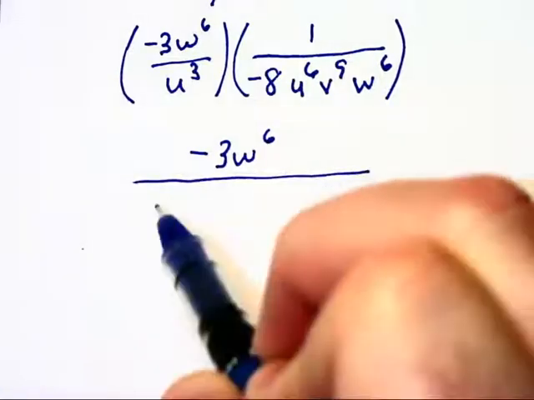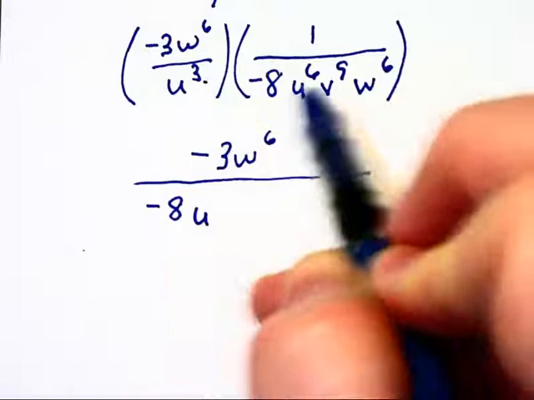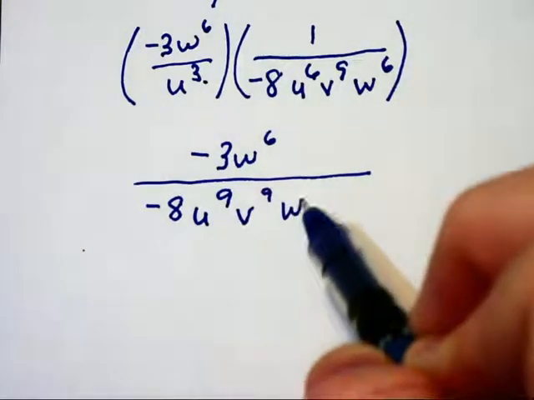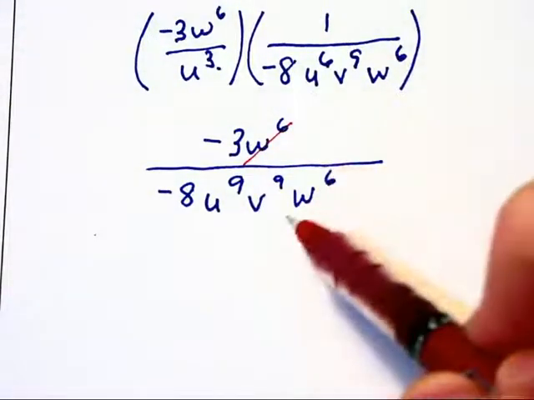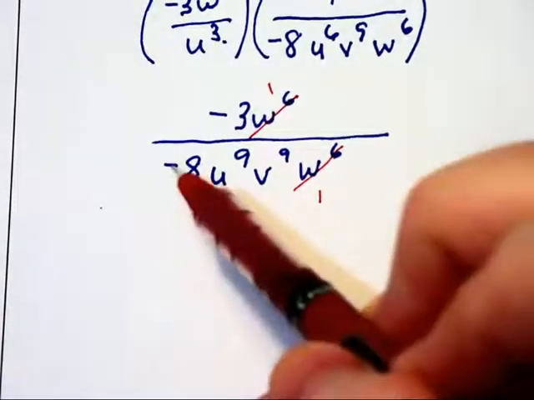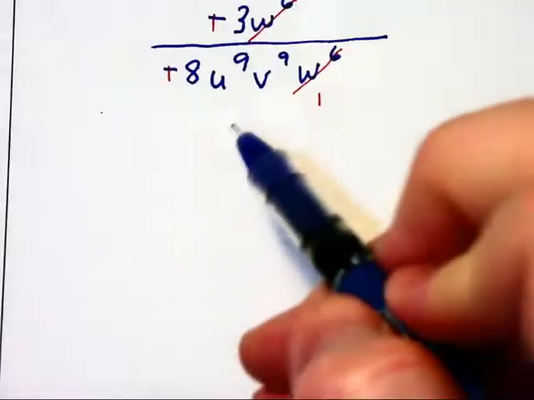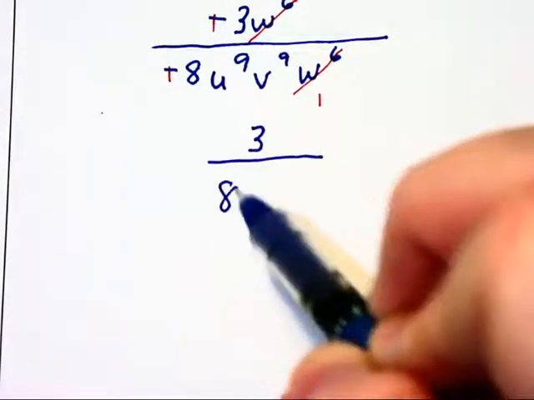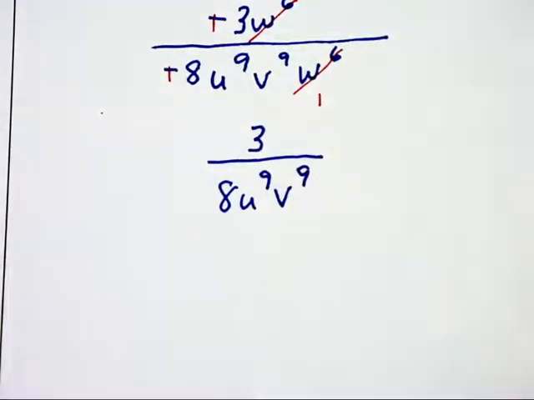The denominator becomes negative 8u to the 9th when I add exponents, v to the 9th, w to the 6th. I see that my w to the 6ths will cancel each other out in the numerator and denominator, and that my negatives will cancel each other also, and we will have positive 3 over 8u to the 9th, v to the 9th as the simplified form here.